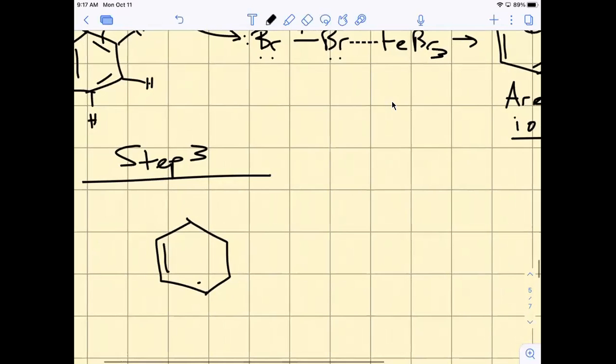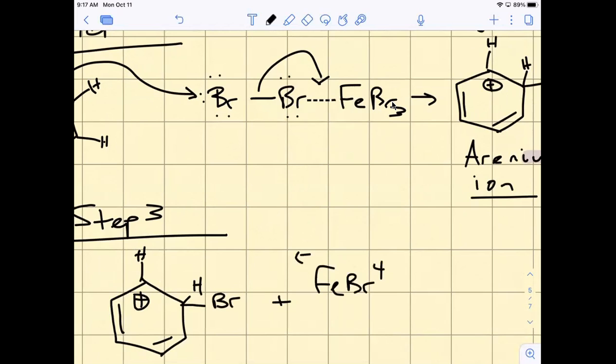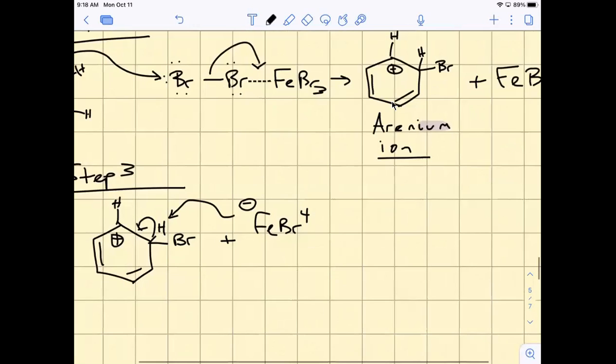So that's that. And this is here. That's positive. This is negative, so you're going to get a pair of electrons from that, just like that, to do that elimination.